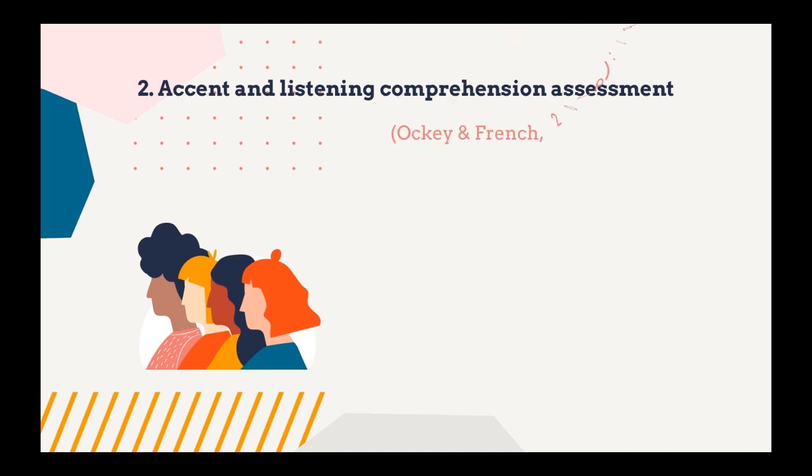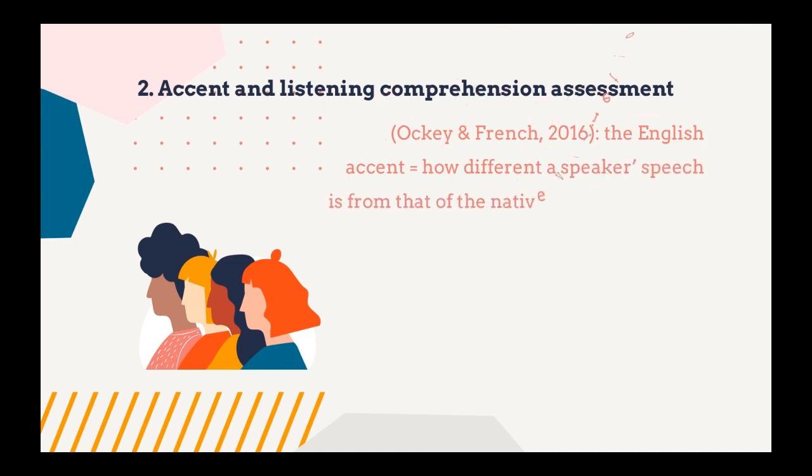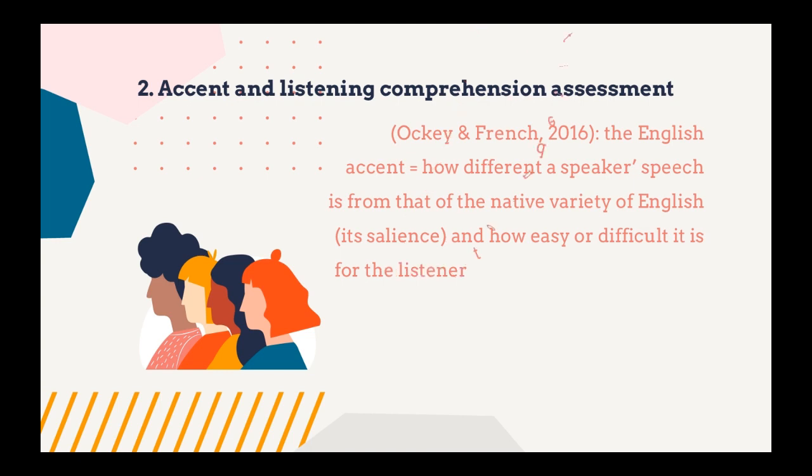As defined by Derwing and Munro, the English accent involves how different a speaker's speech is from that of a native variety of English, its salience, and how easy or difficult it is for the listener to understand the speech, its comprehensibility. It includes the differences in pronunciation, such as in vowel and consonant sounds, stress, and intonation.